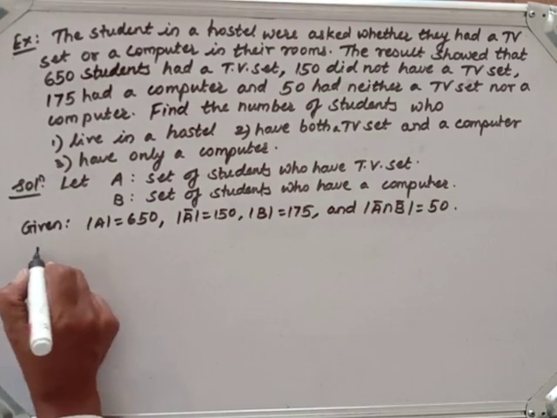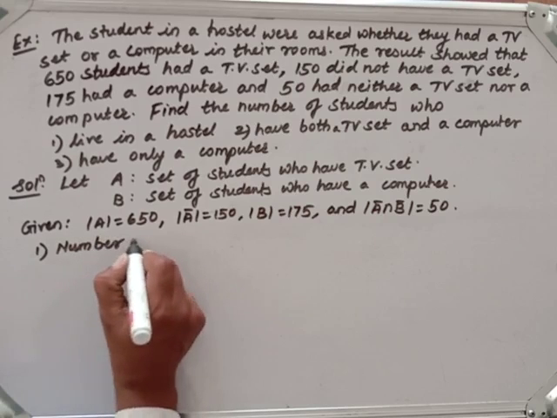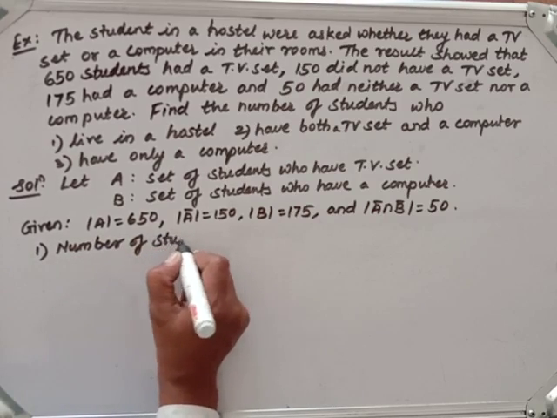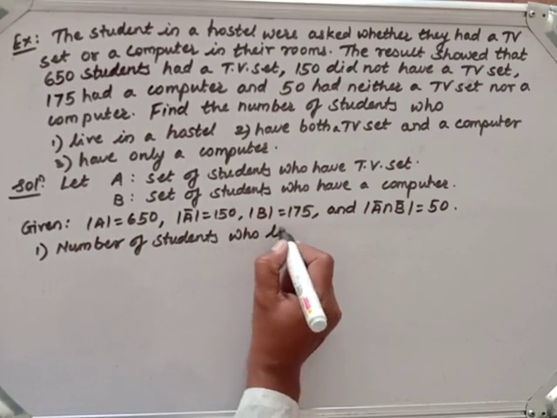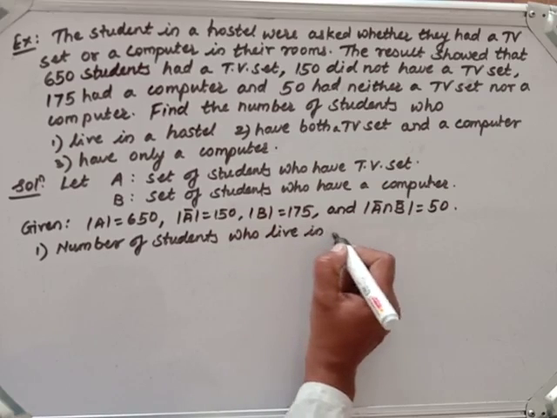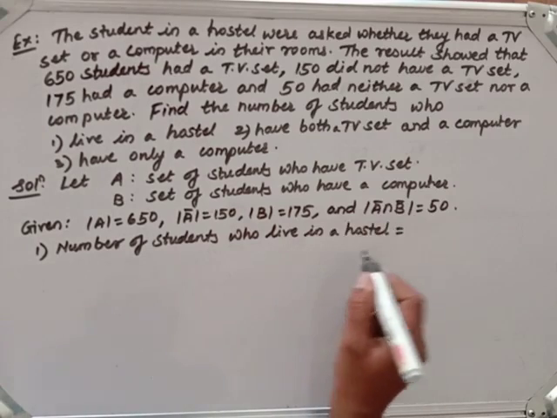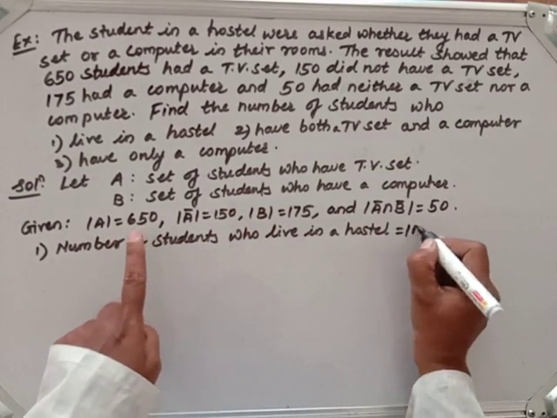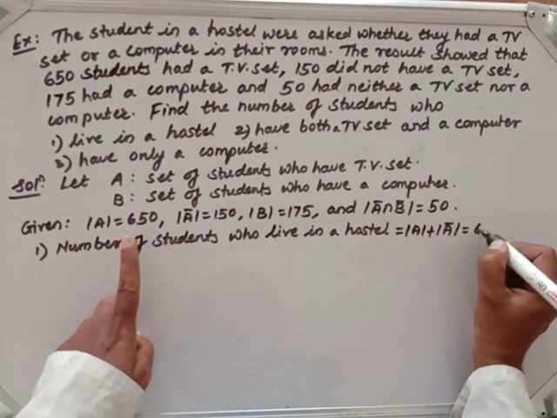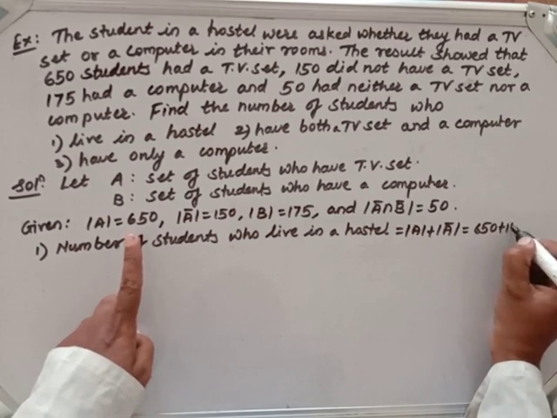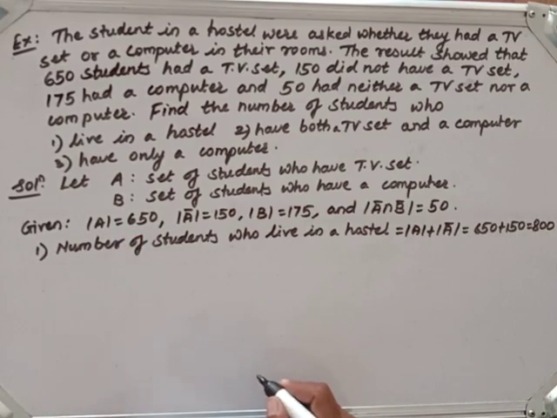Now first, number of students who live in a hostel are how much? This cardinality of A plus cardinality of A complement. So that is what? 650 plus 150. So that is equal to 800. This is the answer here.